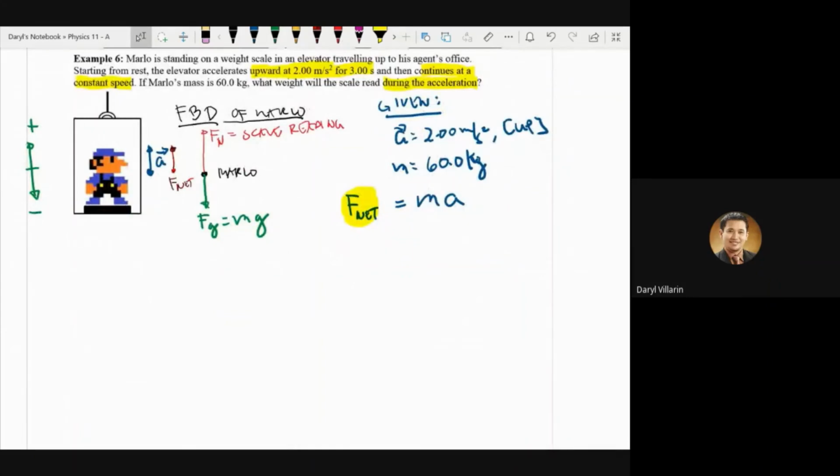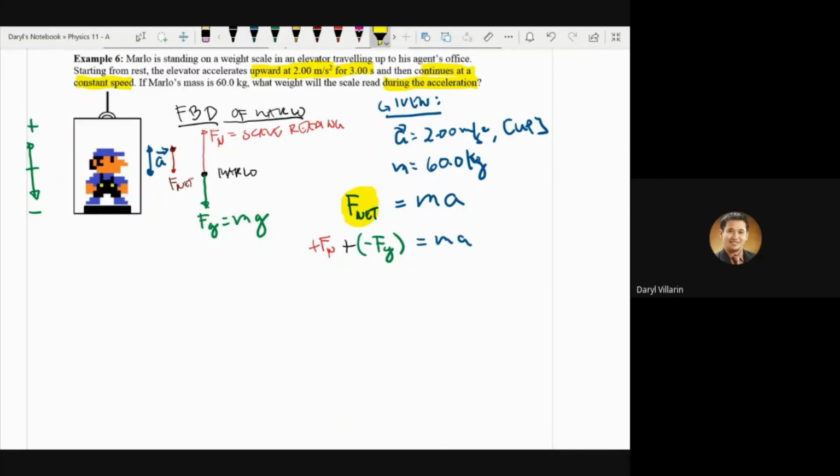They're on the same component, the vertical component, so I'm just going to use upward as positive. That means I have positive Fn, the upward force, plus Fg in the opposite direction, so negative Fg, equal to ma.